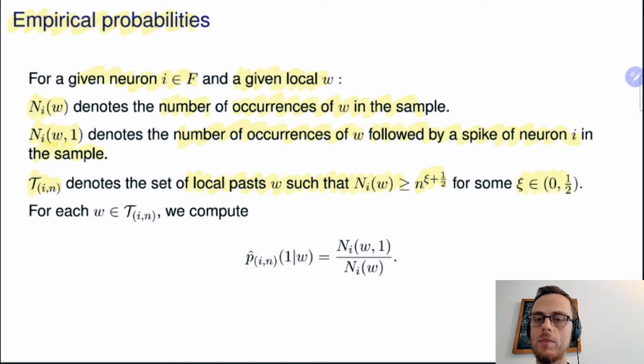And finally, for each local past in this set T_n^i, we define what we call the empirical probability of observing a spike of neuron i given the local past, denoted by p hat_n^i(1 | w), and this is defined as the ratio between N_i(w,1) and N_i(w). Okay?